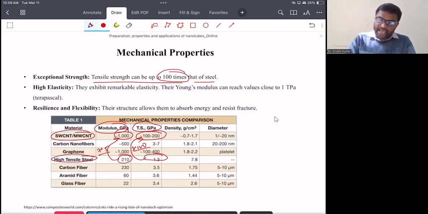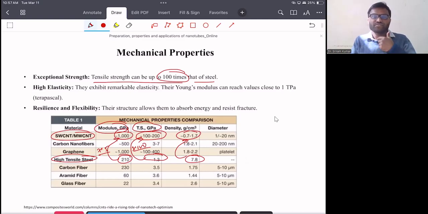And if you understand the density, the steel has a density of 7.8 gram per centimeter cube, and the CNT has 0.7 to 1.7, so it is close to 10 times lower as compared to steel. And that makes the CNT very important.